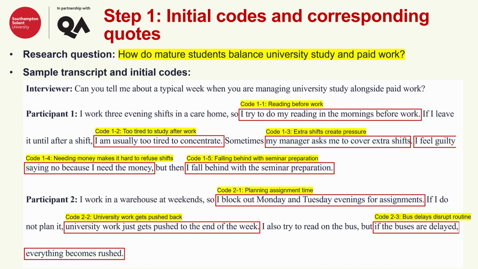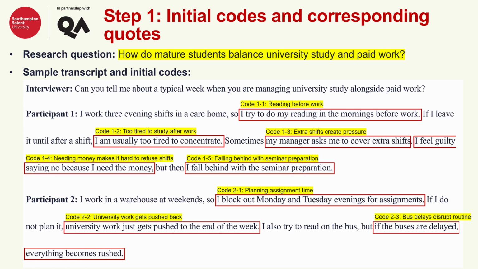Please note that each code remains connected to the relevant extract. This connection is important because when we later group or rename codes, we need to check that our interpretation still represents what the participant actually said.